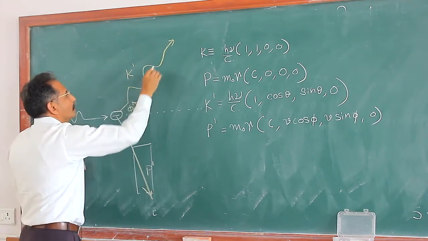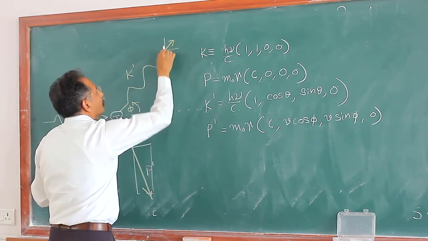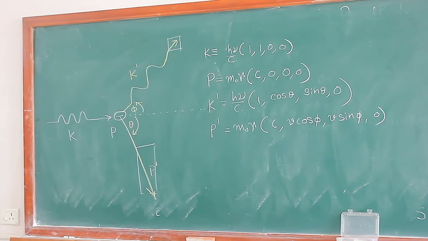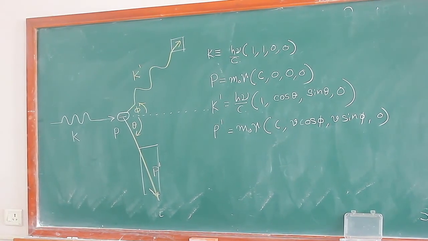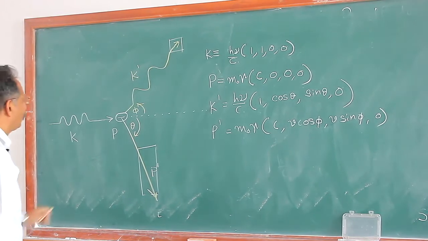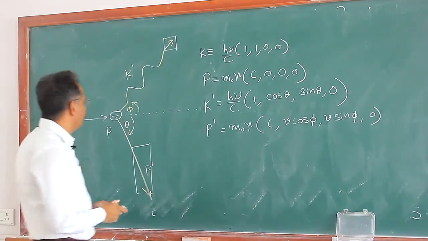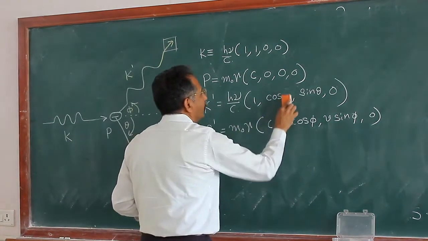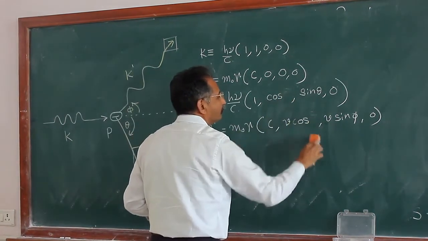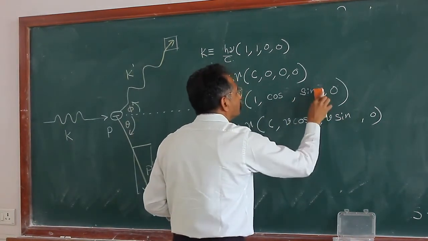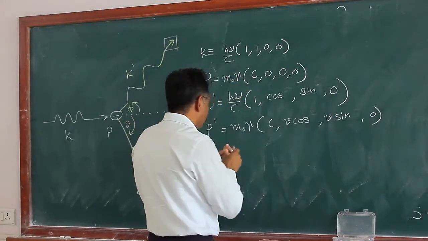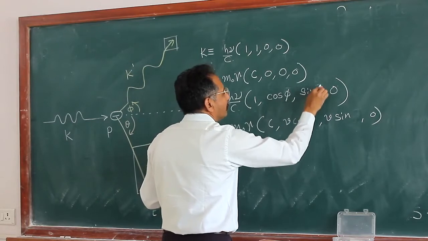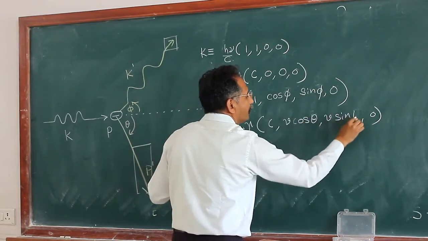Here also you can resolve the components. I think I have interchanged that. So phi is the direction of the scattered photon. So phi should appear here and theta should appear here.